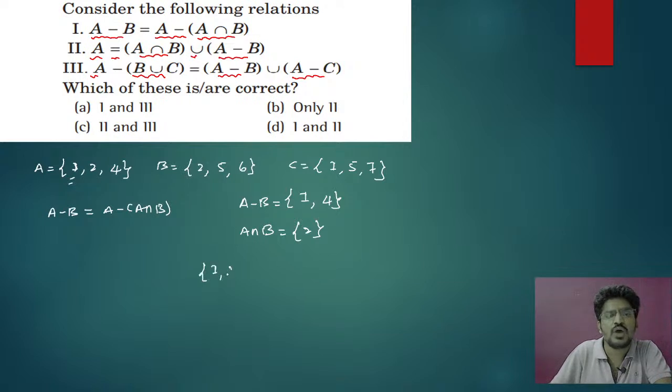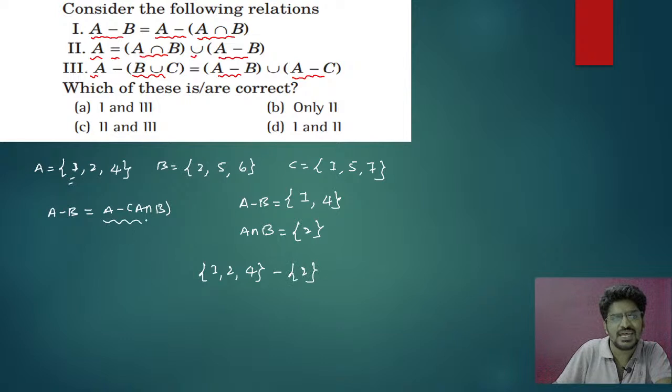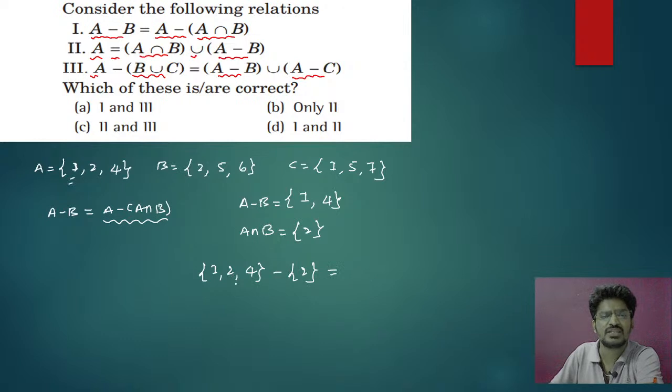Set A is 1, 2, 4. A intersection B is the singleton set 2. So now I am checking my LHS, A minus A intersection B, so if I take this, the answer will be 1 comma 4.